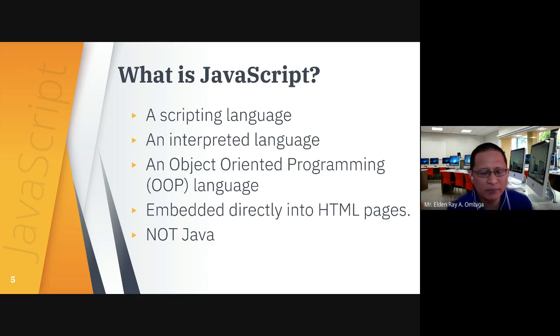In JavaScript, we can now add some interpreted language, some object-oriented language, and it is directly embedded or mixed into HTML pages. And please remember that JavaScript is not Java. There are two different languages, so don't confuse JavaScript with Java.